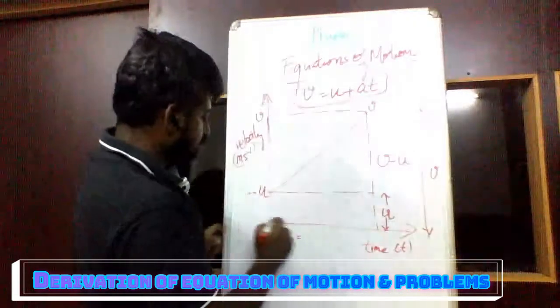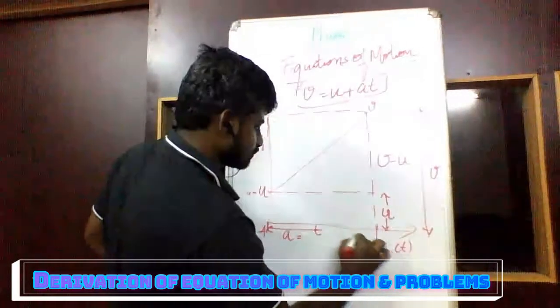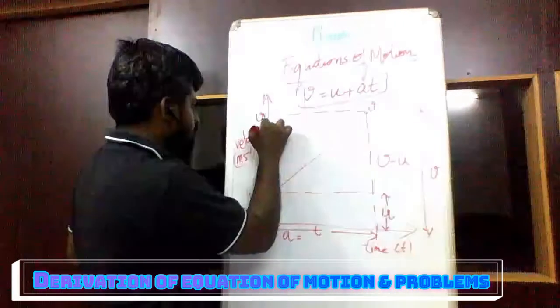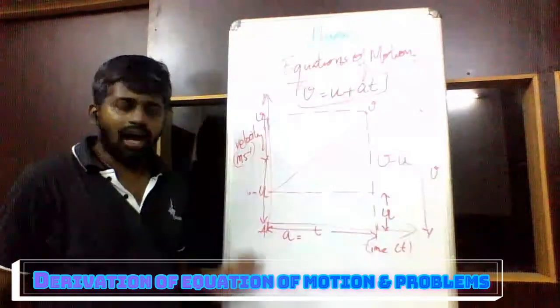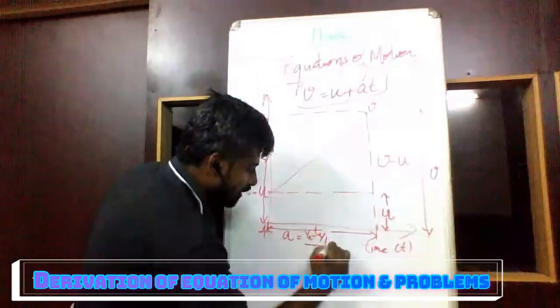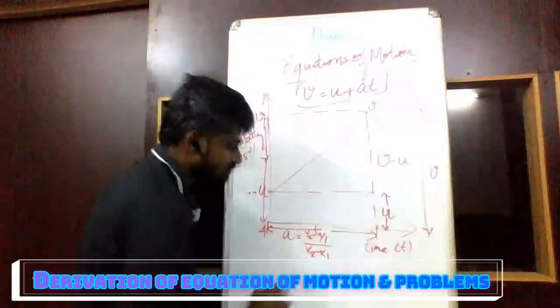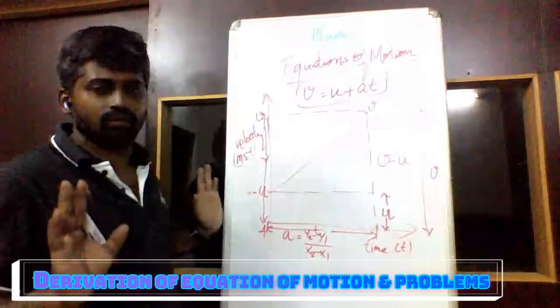So there are 2 points, and this is t. This is the y-axis. Acceleration is equal to simply y2 minus y1 divided by x2 minus x1. This is x2, this is x1, this is y2, this is y1.